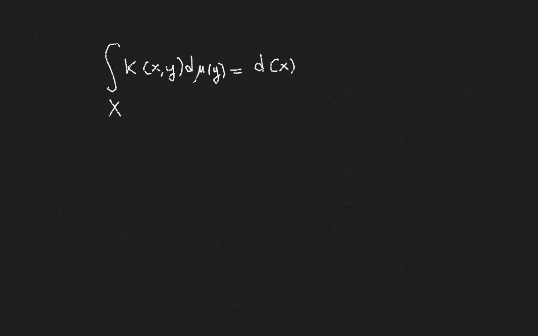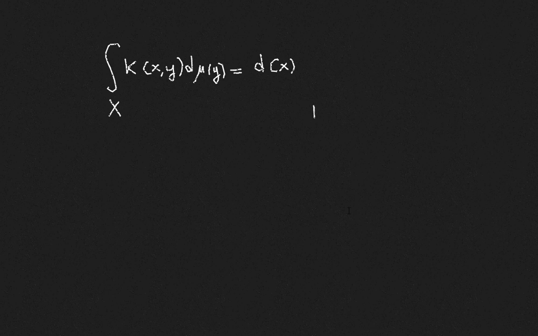That is the discrete version of the integral. If you have a finite, discrete, atomic measure, then the integral is just the sum we wrote before.